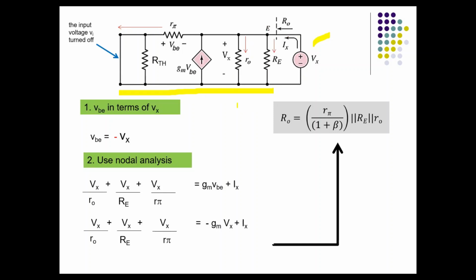You can study this if you want. However, eventually you will get this formula for the output resistance of your common collector amplifier. This means that r pi over 1 plus beta, this value of resistor, in parallel with Re, in parallel with ro, the small ro. So that's how you can get the output resistance for your common collector.